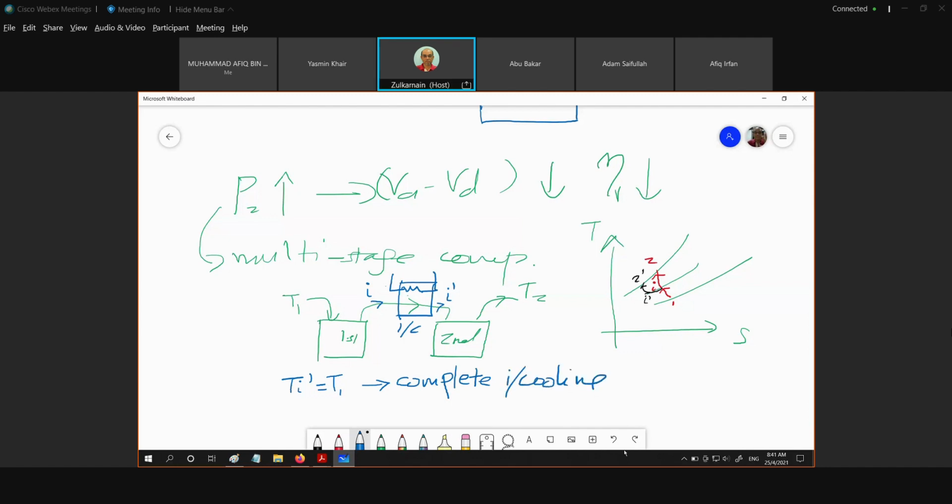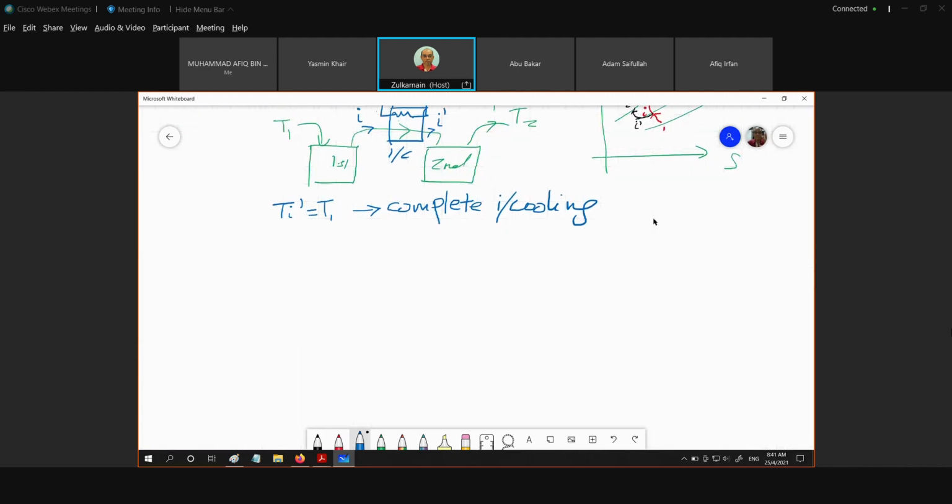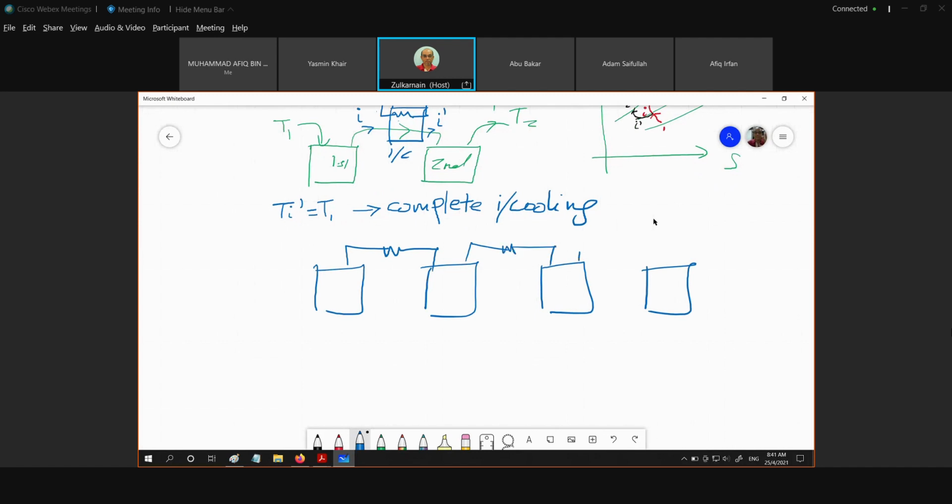Okay. So meaning that kalau kita ada banyak stage, katakan kita ada 4 stage. First stage, second stage, third stage, fourth stage. Bila kita katakan the complete intercooling, every temperature yang masuk pada compressor dia adalah sama.